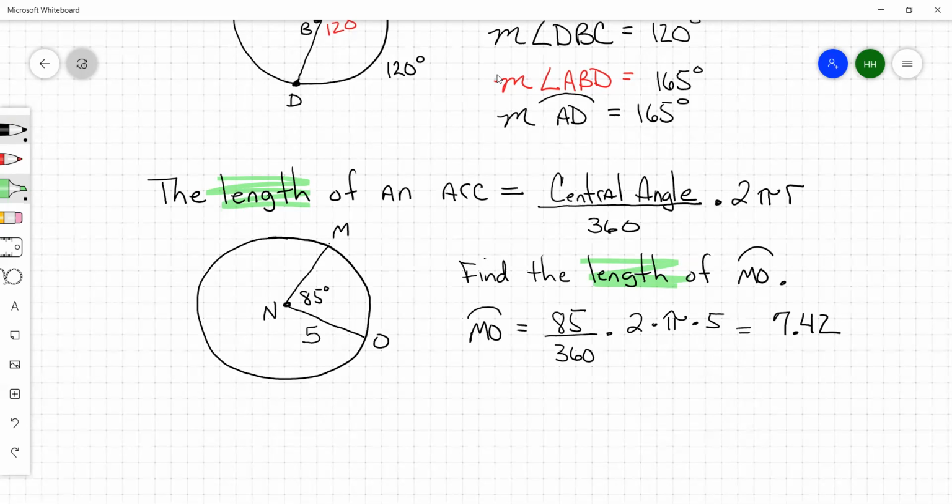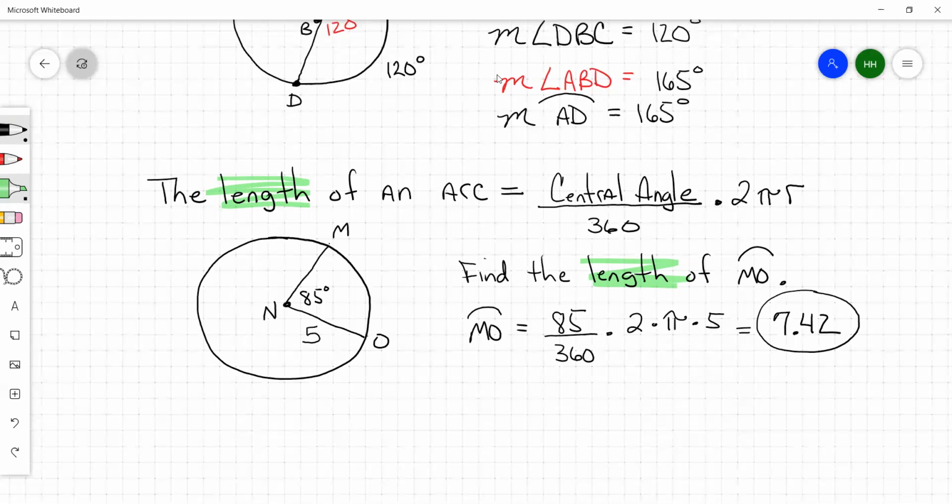All right, everybody do that in your calculator right now. See if you get the same answer. This is your calculator practice. 85 divided by 360, push equals, times 2 times pi button times 5 and push equals again. Anybody get 7.42? Okay, got some head nodding going on.